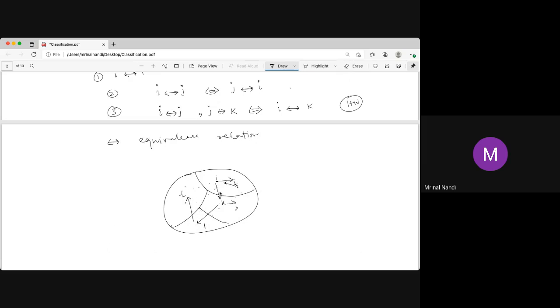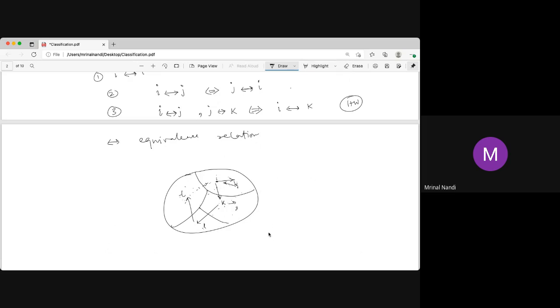And remember, if it is from i to k, k to l, t to i, we never return. If it so happens there is a positive probability from i to k in a different partition, k to l in a different partition, l to t in a different partition, t to i in a different partition, that means we reach from k to l, l to t, t to i, so i and k would be communicating. So that can't happen. So these are different partitions.